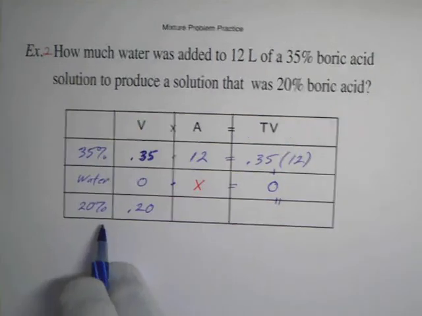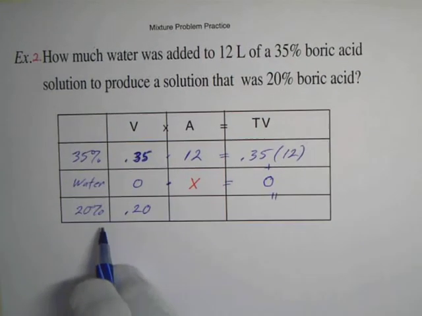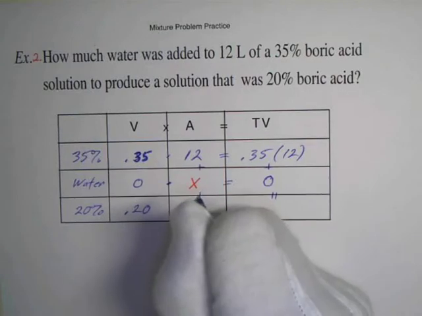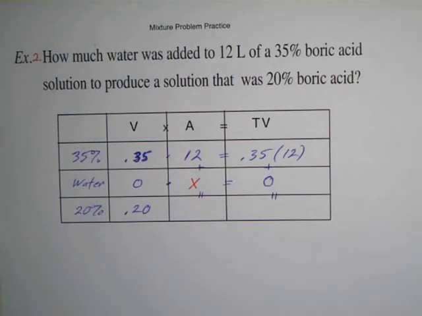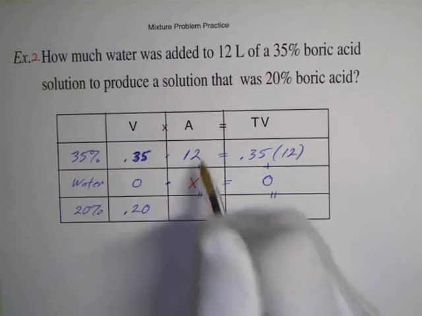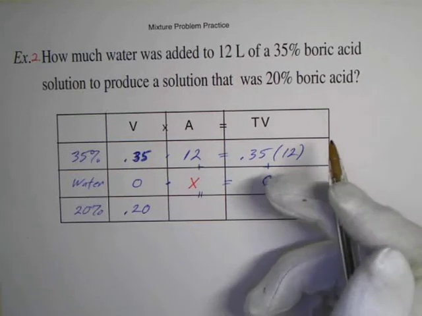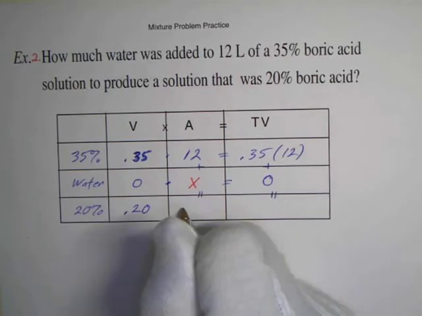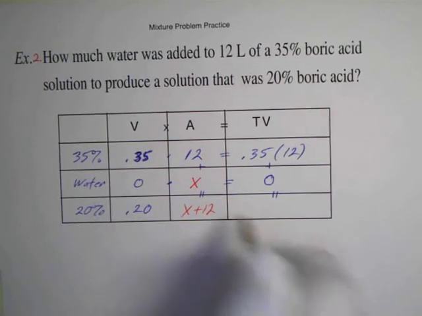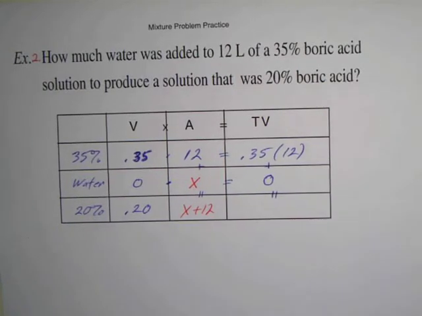And that's what we're going to end up with. So how much are we going to end up with? Well, we're going to end up with 12 plus X. So the amount of the 20% solution will be the 12 liters I started with plus the X liters of water. So that's going to be X plus 12 liters I'm going to have. And these just add down. And I want 20% of that amount.